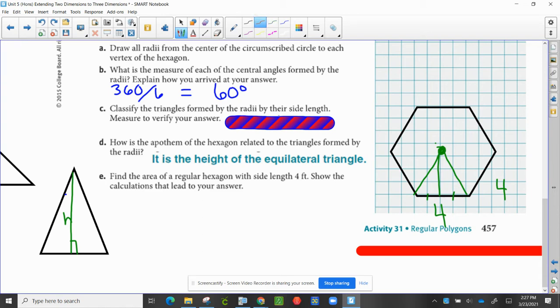If those parts are congruent and the whole side length is 4, each piece is 2, and 2. We also found that our central angle was 60 degrees. When we drop our apothem, that's going to make each of these little angles 30 and 30.